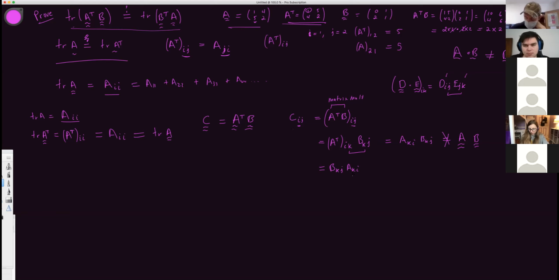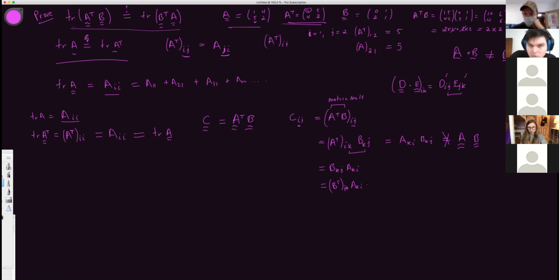So we've got one step down. But here, if the K was just over here in the J spot, I would have matrix multiplication. So how do I get the K into the J spot and the J into the K spot? Transpose B. Yes. So B transpose_JK A_KI. And now I have matrix multiplication.